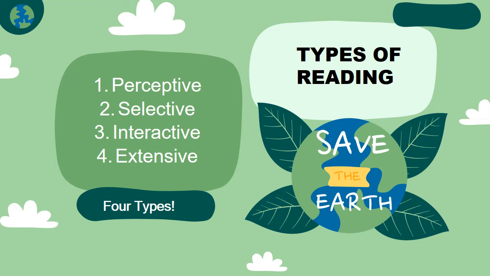Typical genres that lend themselves to interactive reading are anecdotes, short narratives, and descriptions, excerpts from longer texts, questionnaires, memos, announcements, directions, recipes, and the like.